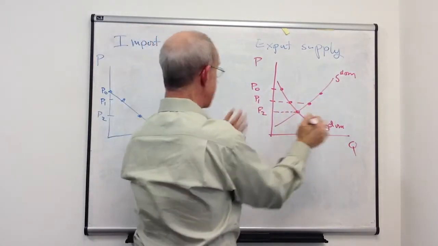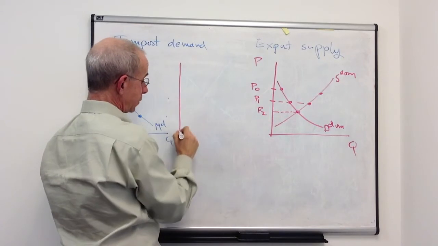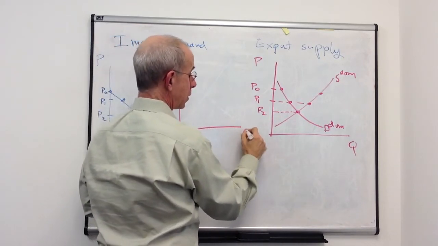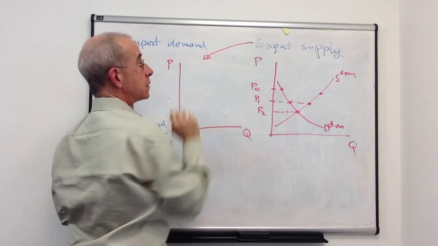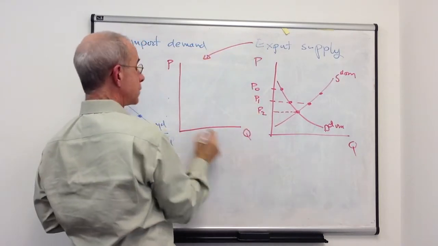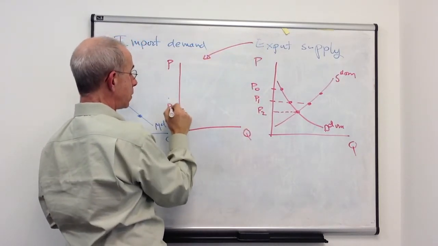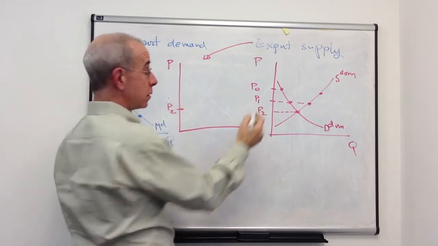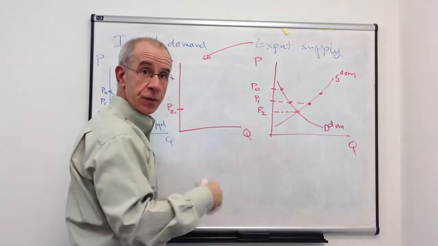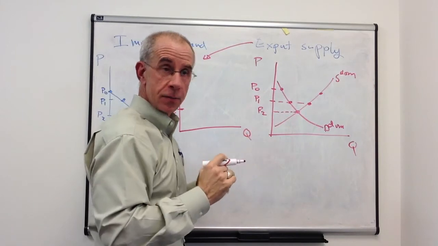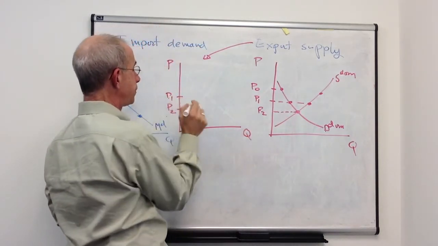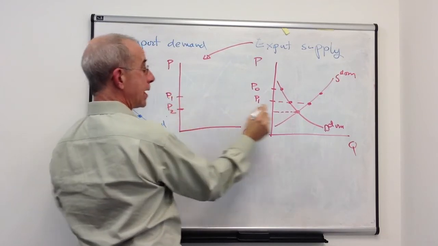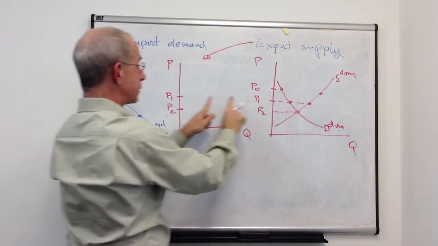So I want to translate this into an export supply relationship. So at price P2, there is no amount that this country is willing to supply onto the international market. At price P1, we have this amount.